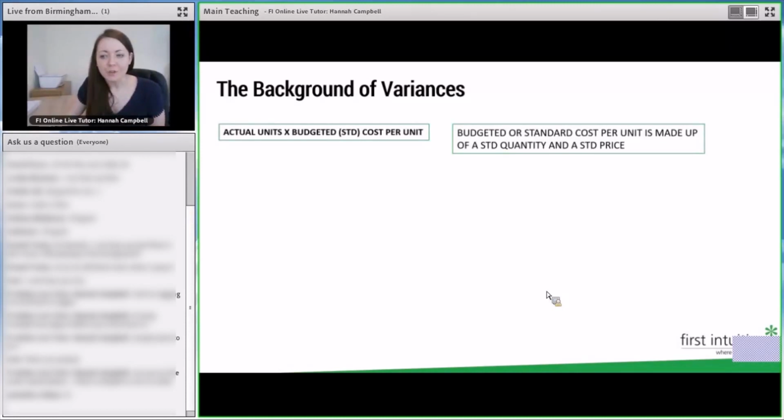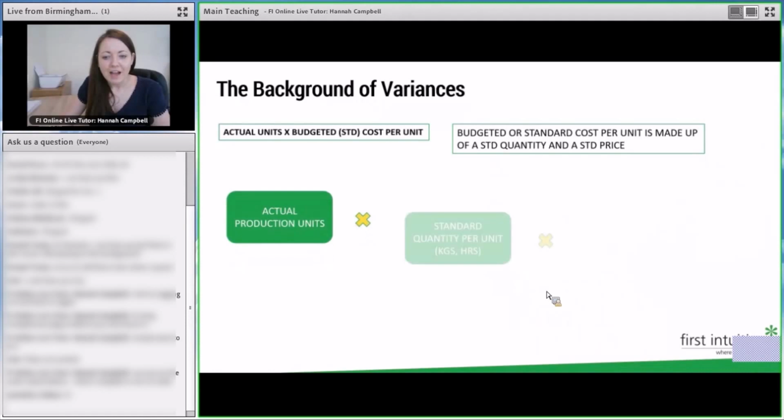So in terms of that budgeted standard cost, we can find it in a standard cost card. And a standard cost per unit is made up of a standard quantity, so things like kilograms or hours, and a standard price, or it might be referred to as a rate if we are looking at labour.